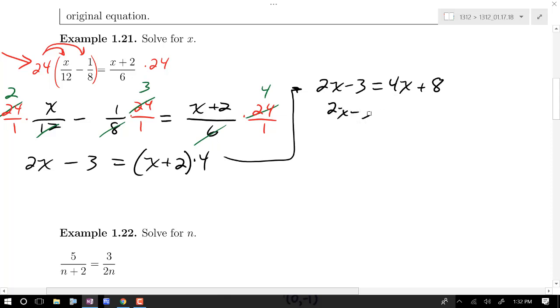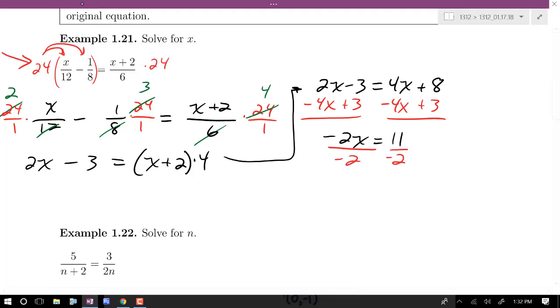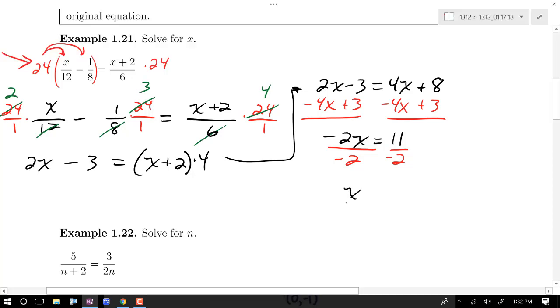We should probably solve, not just write down the same equation again. Let's get our x's on one side. I'll subtract 4x, add 3. So we have minus 2x equals 11, and now it's all over but the shouting. We get x is negative 11 halves.